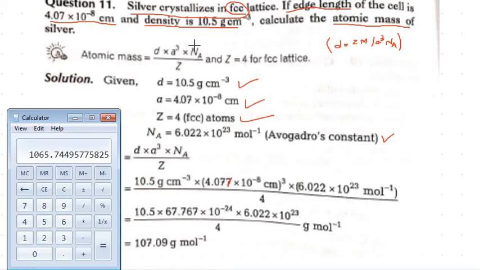So that comes to 1065.74. Now I am keeping 10 to the power minus 8 whole cube as it is and 10 to the power 23 as it is.